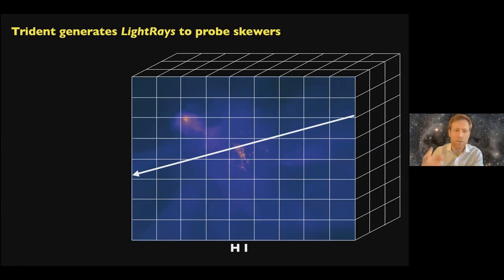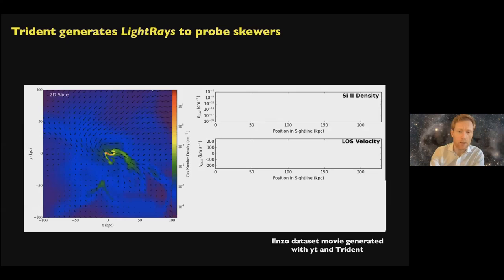Okay, as I said, the second piece of functionality that Trident provides is what we call light rays, but it's essentially just one-dimensional skewers that you can use to probe whatever fields you care to along arbitrary sightlines in your simulation data. And it looks something like this. So again, a movie to demonstrate this, but every slide is an output from YT and Trident.